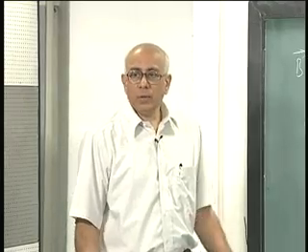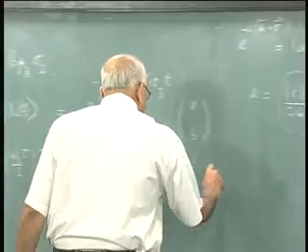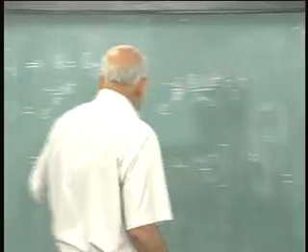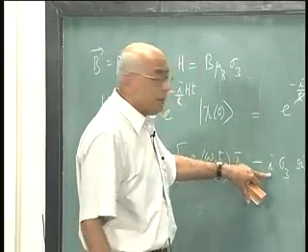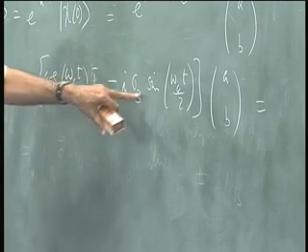Now it is trivial to find out. So what does this give you? It is cosine of this minus i, and the top element of sigma 3 is just 1, minus i sine.